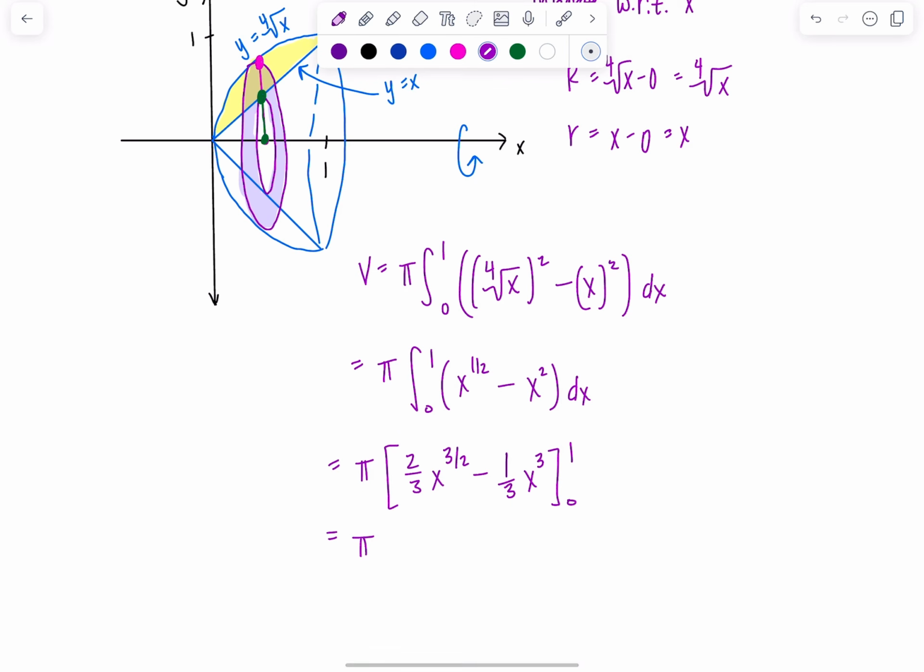So this is pi times 2/3 times 1 minus 1/3 times 1 minus 0. So 2/3 minus 1/3 is 1/3 times pi. Oh my God, we got pi over 3 again.